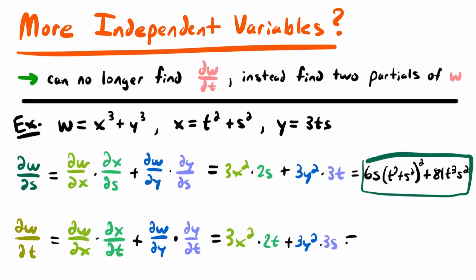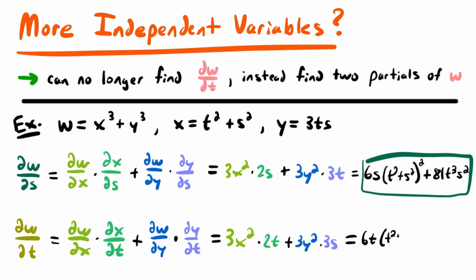All right, and then simplifying once again, you could keep it in this form, but I am going to try to get it back into terms of s and t by replacing x and y with what they're equal to in terms of s and t. So let's do that here. 3 times 2 is 6, carry over that t, and you get 6t, but then x squared once again would be this quantity squared.